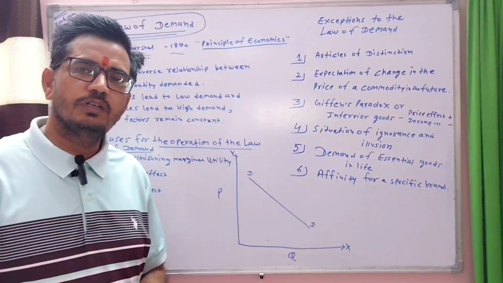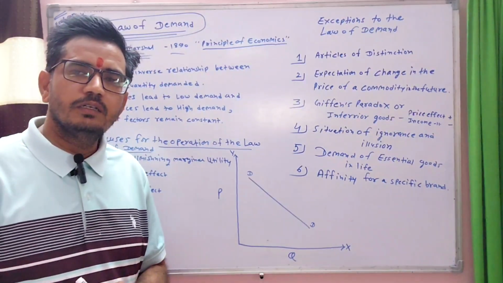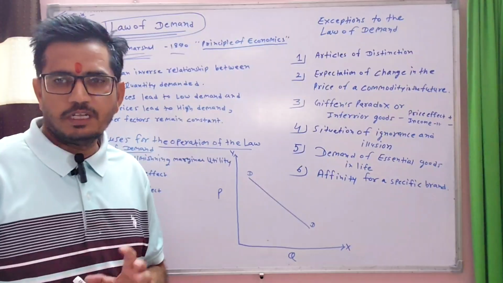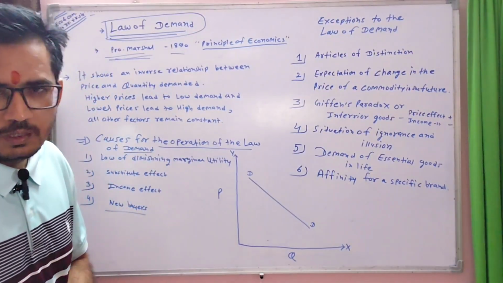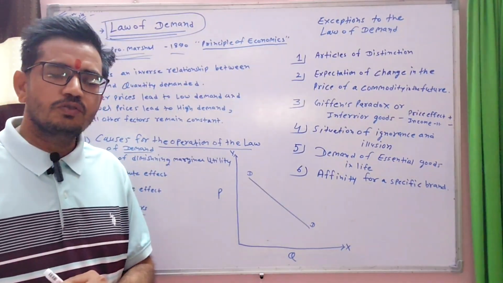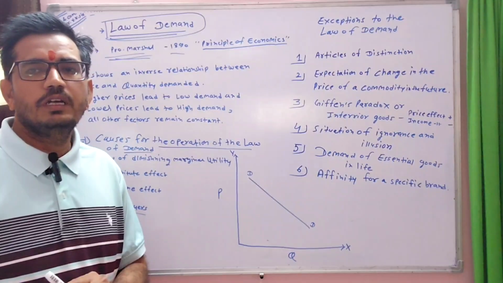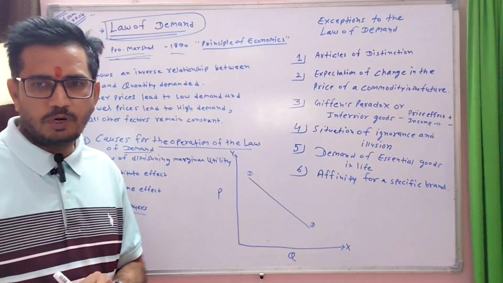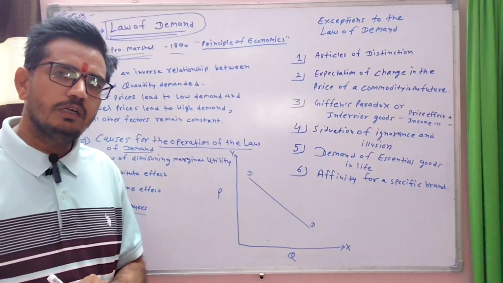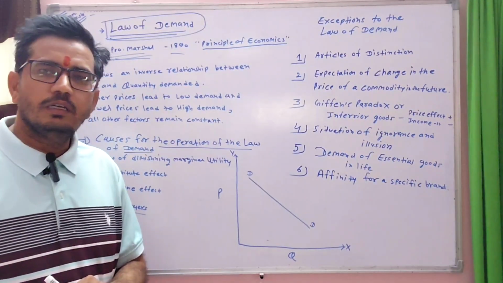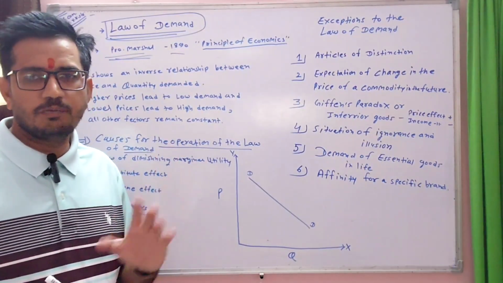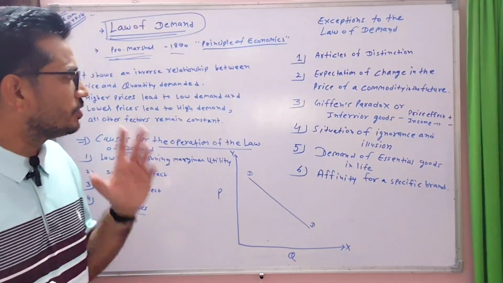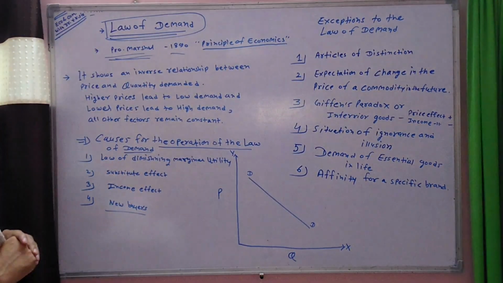In this book, he clearly described this law. So, who is the inventor of the law of demand? Professor Marshall, in 1890, in his book named Principles of Economics. So you should have knowledge of this.